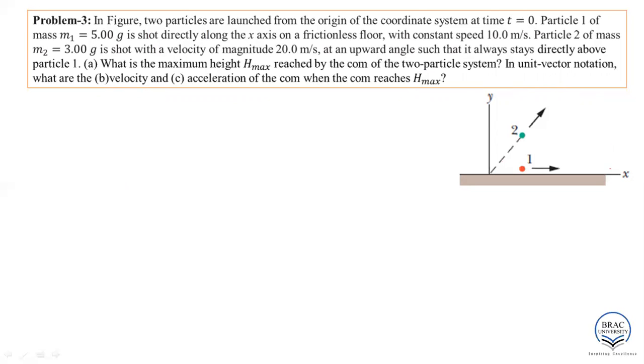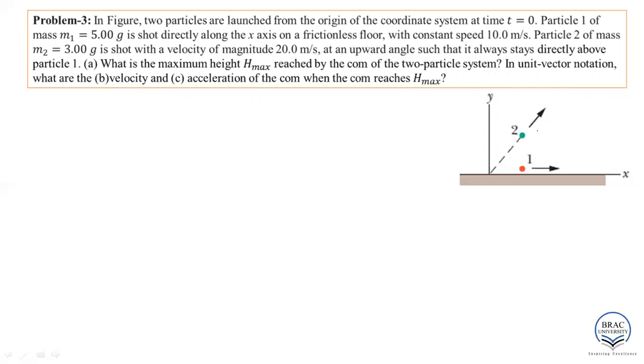Particle 1 is moving along the x-axis on a frictionless surface with a speed of 10 meter per second, and particle 2 is launched at an angle with the positive x-axis with an initial velocity of 20 meter per second.